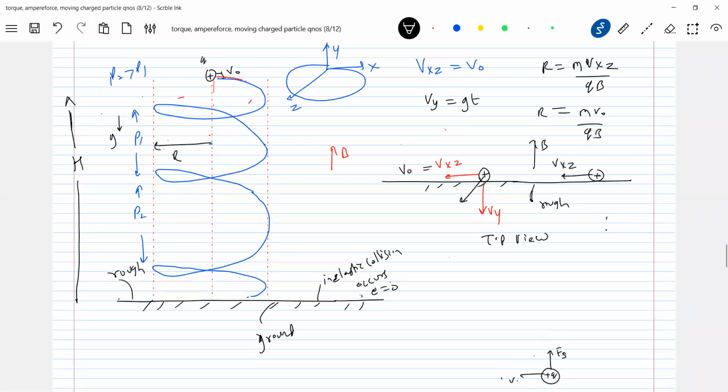So this is the velocity V naught, and everything is on the ground, in the plane of the ground, and we have a top view. So shall I put it in a spiral path here?